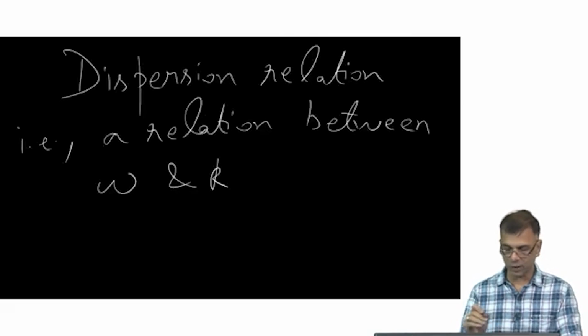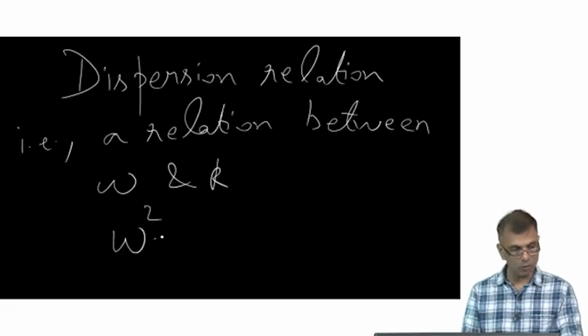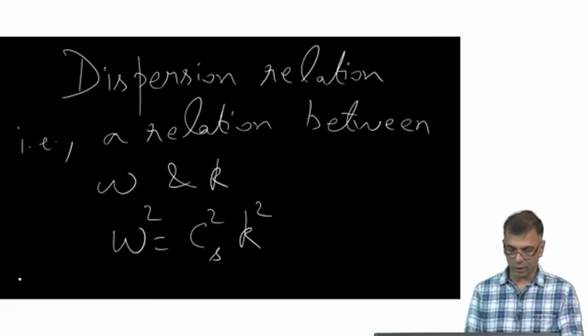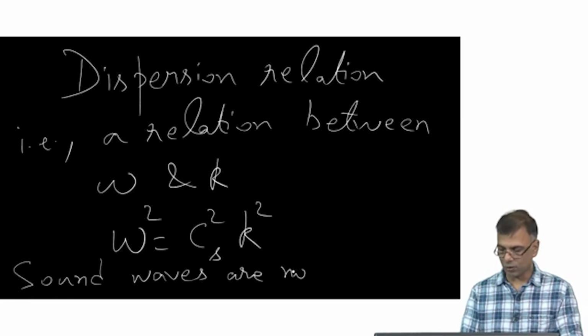That's what the dispersion relation is. And for sound waves, it is simply given by omega squared equals cs squared times k squared, i.e. sound waves are non-dispersive.